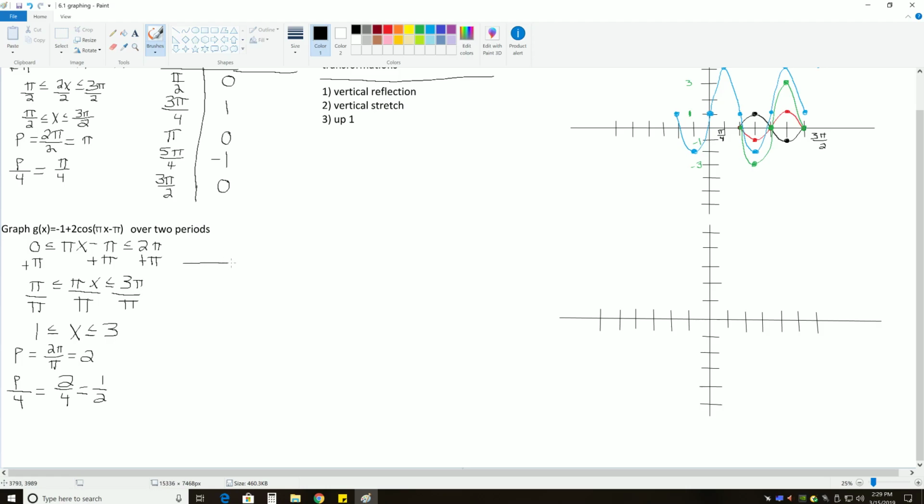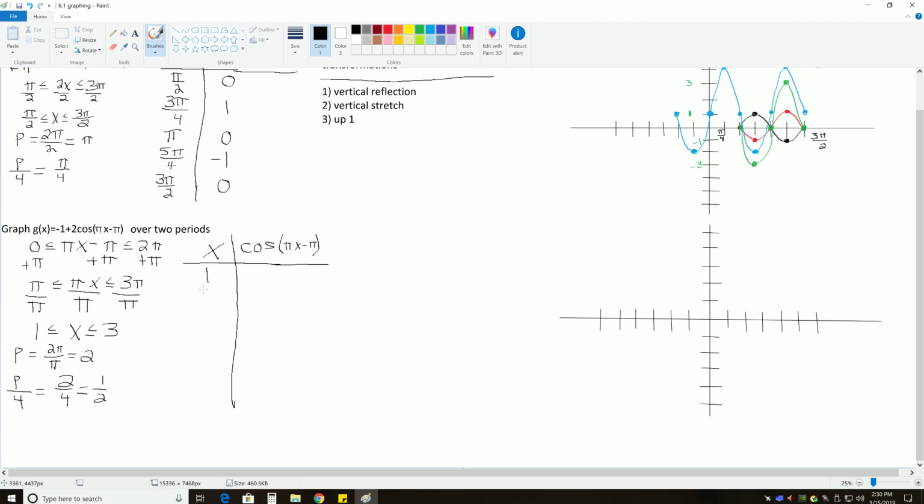So with that, we can then make our table using our x values and finding our cosine of pi x minus pi values. So we start with our first x value, which is 1. And remember, we add p over 4 to it 4 times, so we're going to add 1/2 to it 4 times.